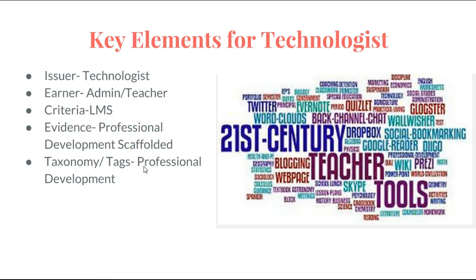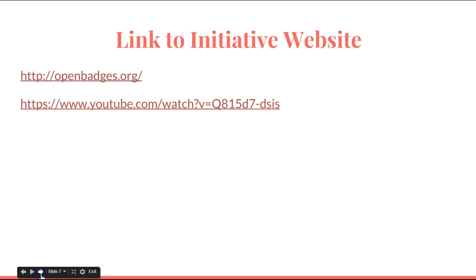Oftentimes, when a technologist does come in for an in-service or for a PD, the technologist isn't necessarily scaffolding the technology being taught, and the badging system could provide a scaffolding taxonomy for teachers who need more help. For more advanced teachers that do want to learn more about the technology, they could also do that through the badging system.